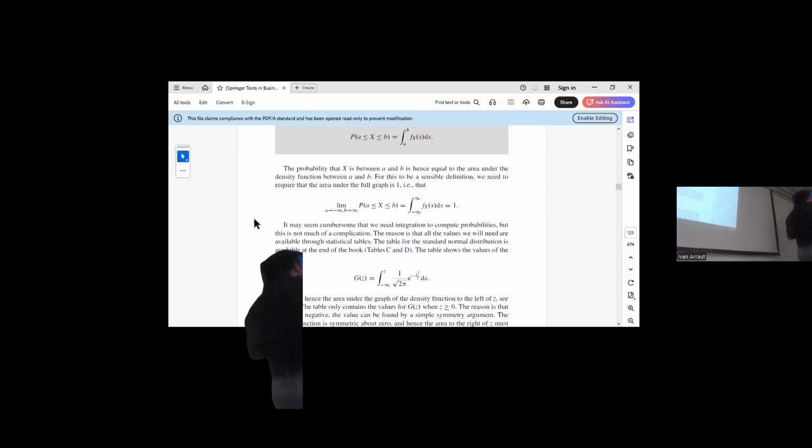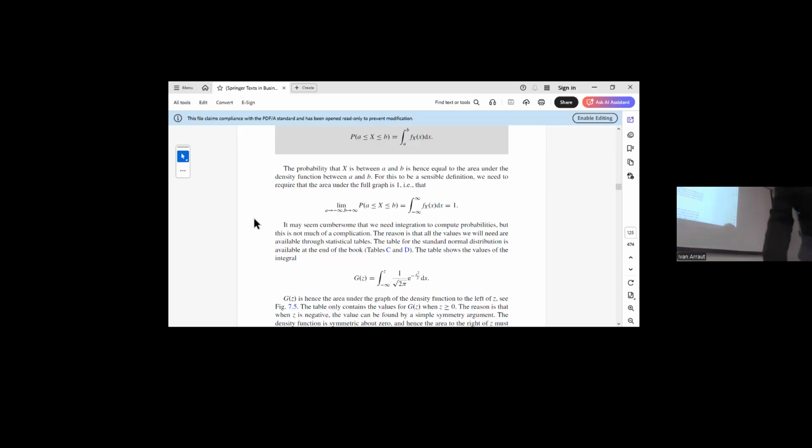This area is defined by G of C. And the tables, which we will see in a moment, the tables for defining the probability in this kind of distribution are standardized with this function, G of C, which goes from here to here. So you can derive any probability just by knowing G of C. We will see examples also. I will put you to analyze examples because in this way it looks very abstract right now. So for you, probably.